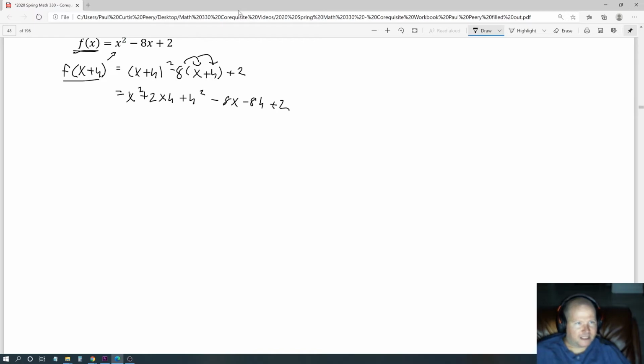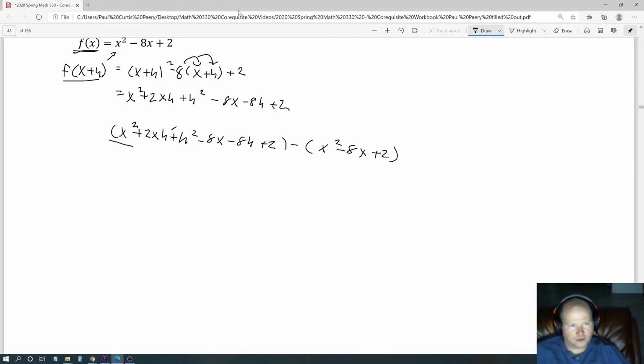Okay, so we plug it into the difference quotient. I'm going to put this in parentheses to represent my substitution, minus the original equation, all over h. Okay, excellent.